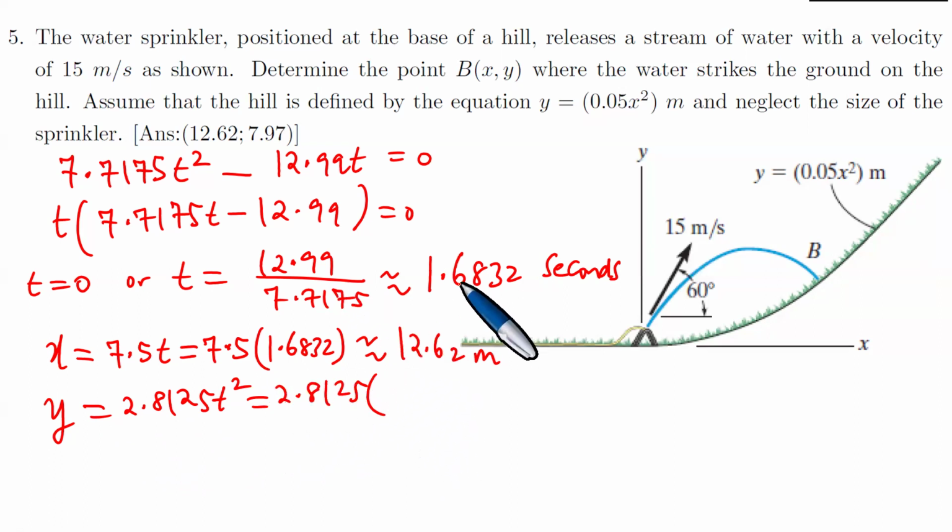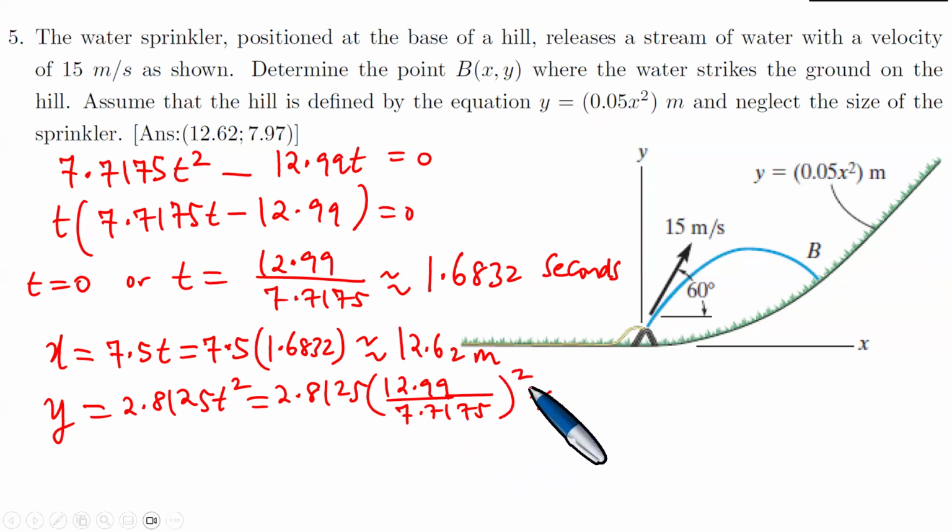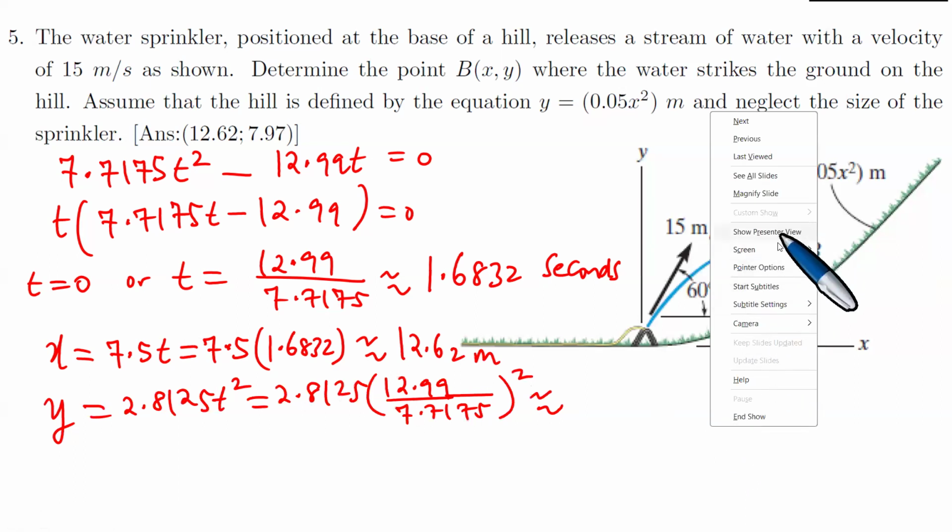You can put this one for the t, but I'm going to put a more accurate result, which is 12.99 divided by 7.7175, and then you're going to square this.